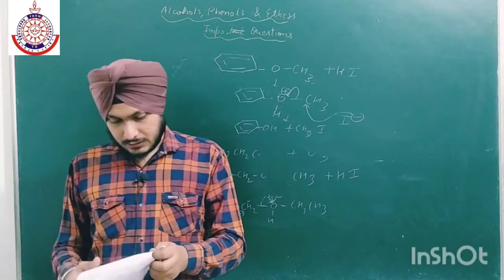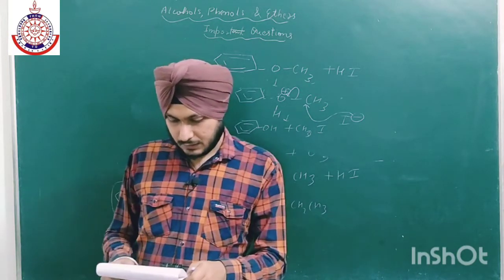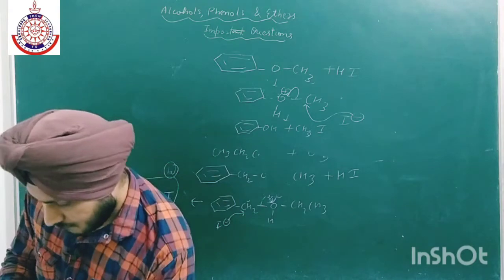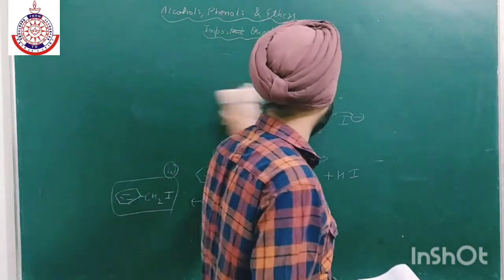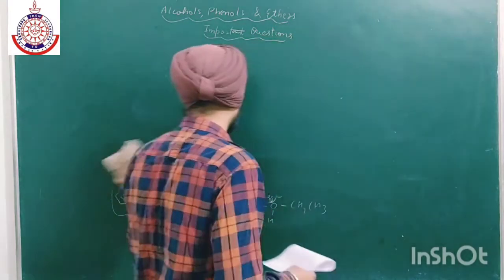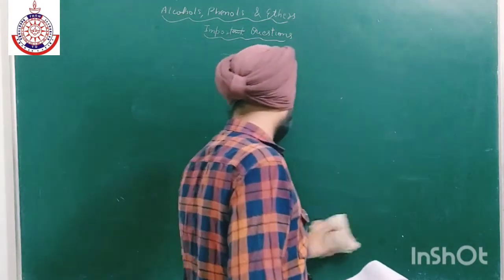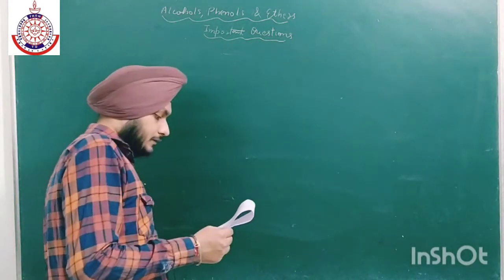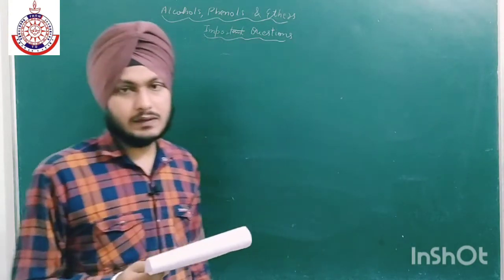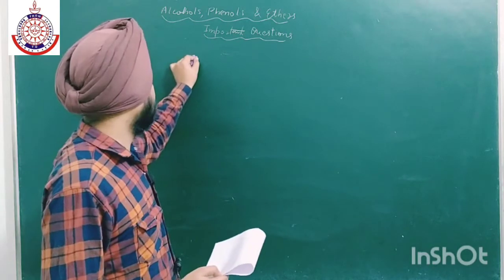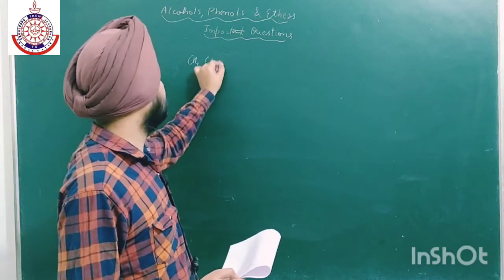So the question is, we have to predict the products. Some statements are given to us. The first one is the oxidation of propan-1-ol with KMnO4. So propan-1-ol is like this.